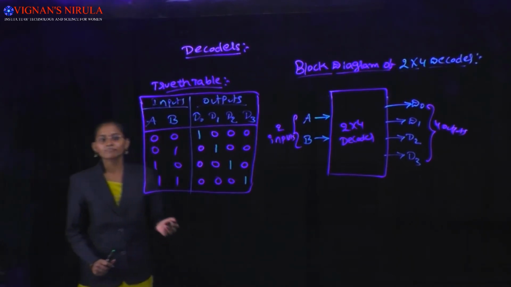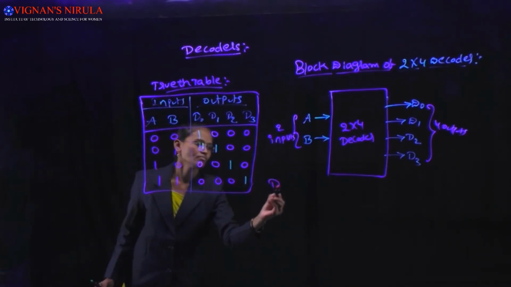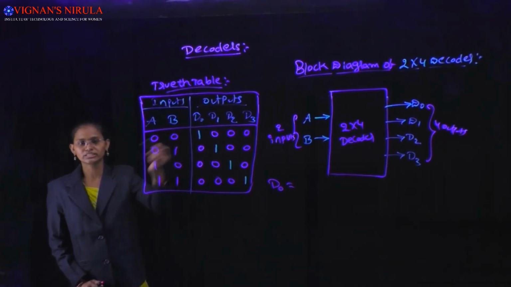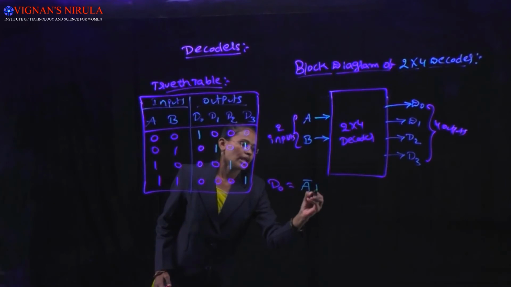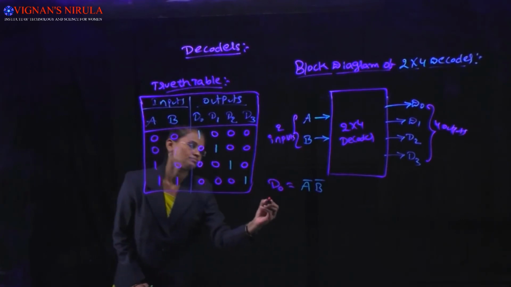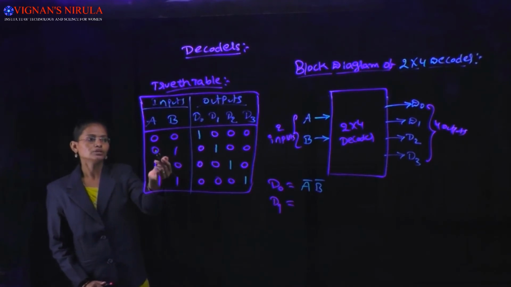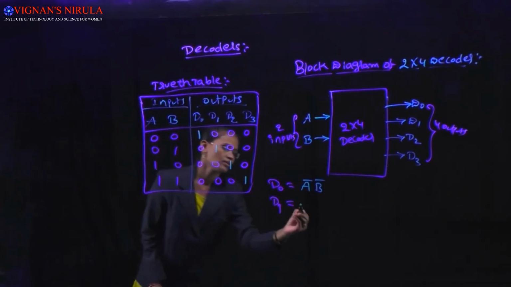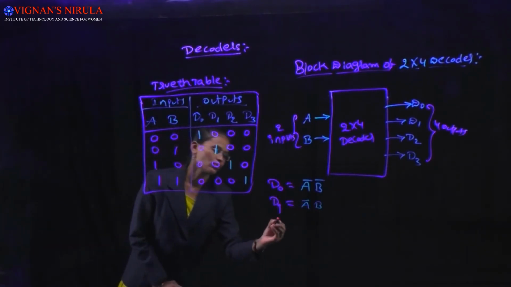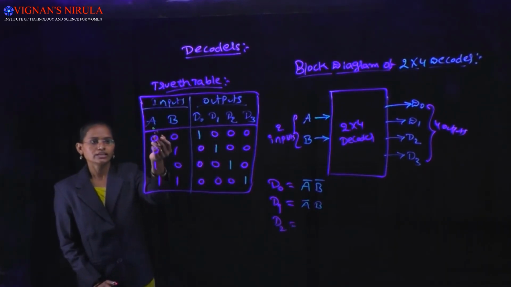Next, find out the Boolean equations. Here the outputs are D0. For the D0 output, what is the input? A is 0, B is also 0, that is A bar B bar. Next, D1 output: the given input is 0 1, so A bar B. Next, D2: the binary bits are A B bar.